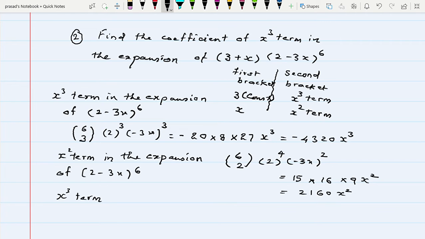And hence the x cube term in the expansion will be which one?